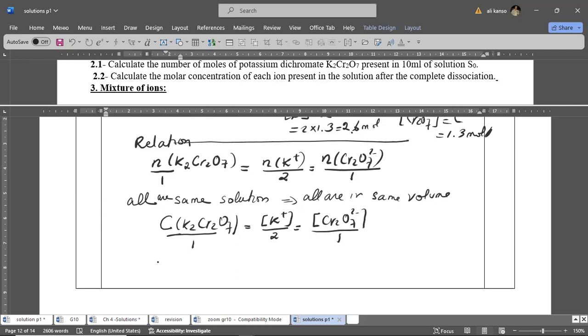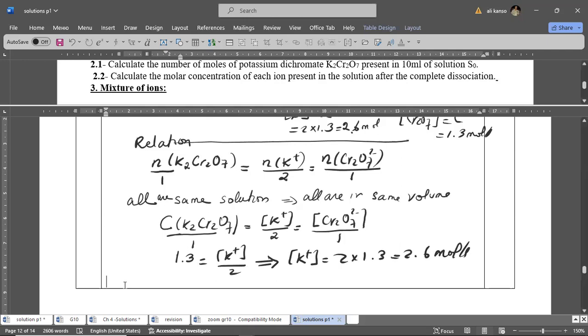Then you can write C given, which is 1.3, equal to K plus over 2. Cross multiply, and we get K plus equal to 2 times 1.3, which is 2.6 mole per liter.